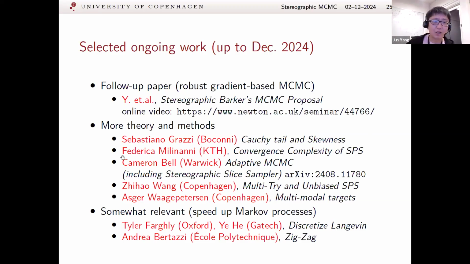The second is joint work with Federica. We study convergence complexity, basically the mixing time upper bound for this SPS, and we can show the result for a much larger family of distributions, including heavy-tailed distributions, which really goes beyond the log-concavity regime.